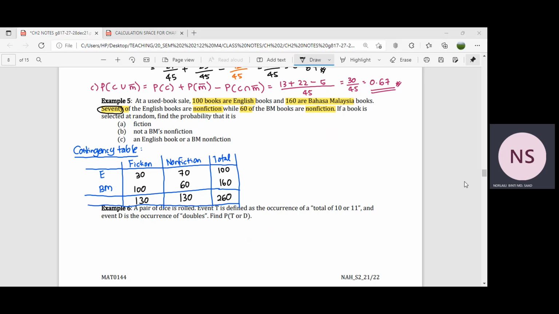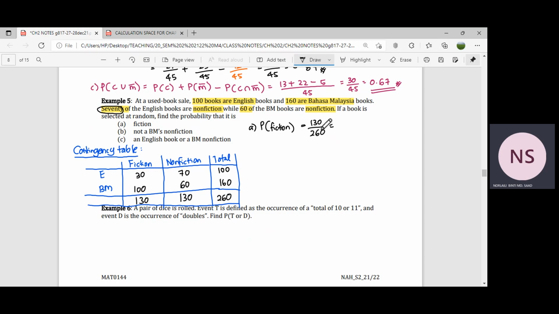Next, we want to find the probability if a book is selected at random. What is the probability that the book is fiction? We write the probability notation, P of fiction. Then you look at the fiction column. We have 130 over 260. Then you can simplify your answer.